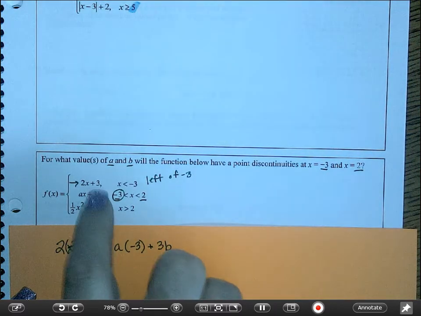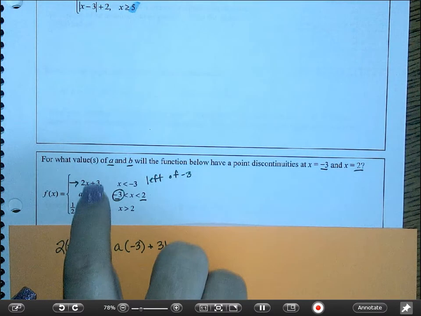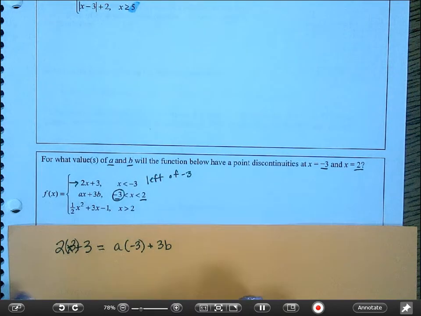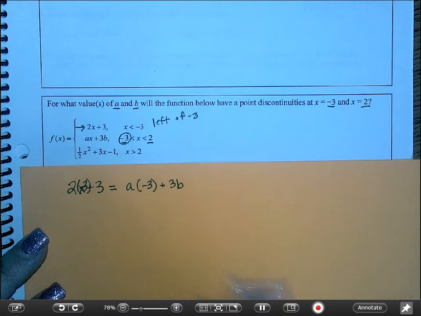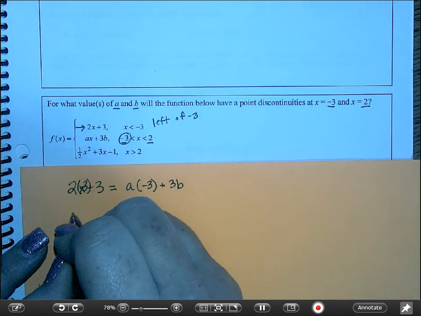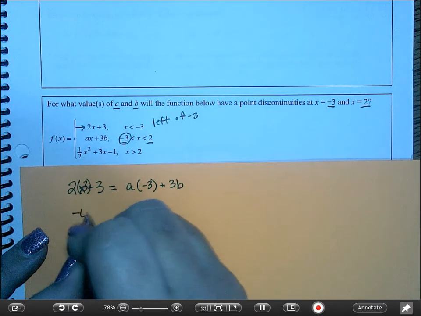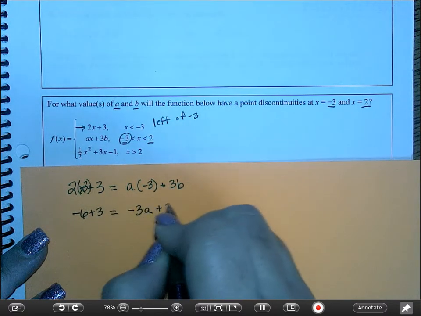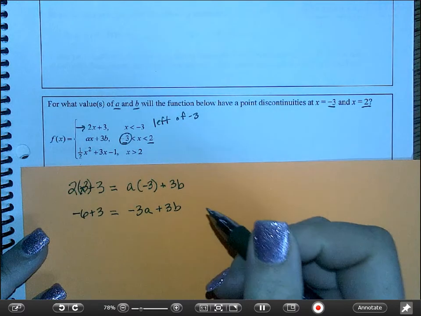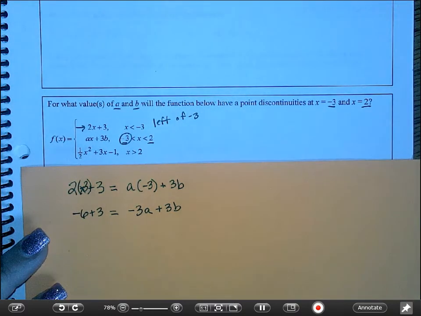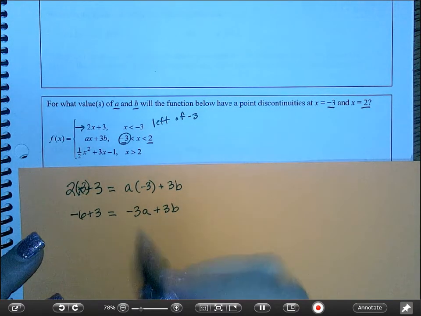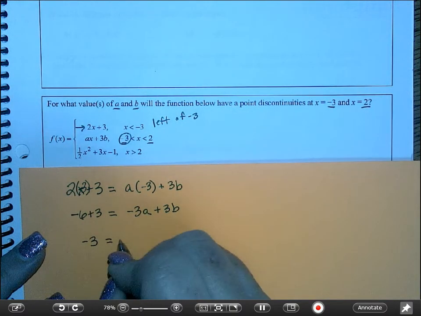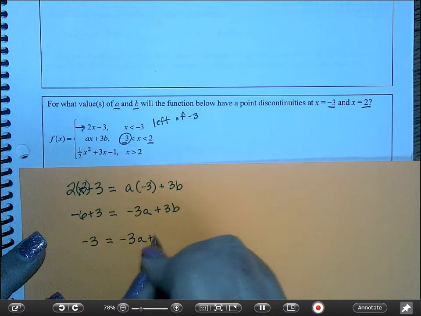So this function and this function have to equal each other when x is -3. That's what it's saying. So if I were to take a look at this, I would get -6 plus 3 equals -3a plus 3b. All right, so let's just simplify that. I get -3 is equal to -3a plus 3b.